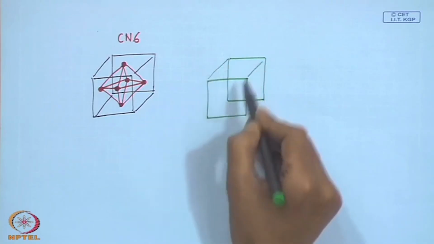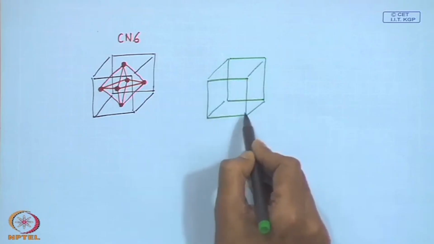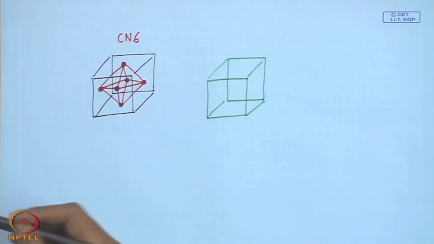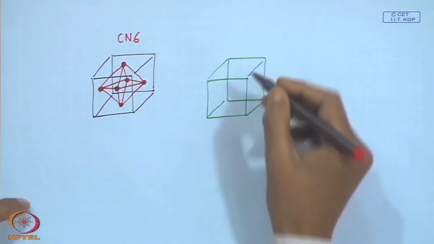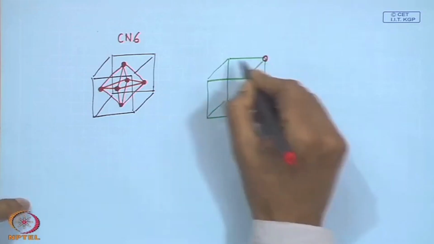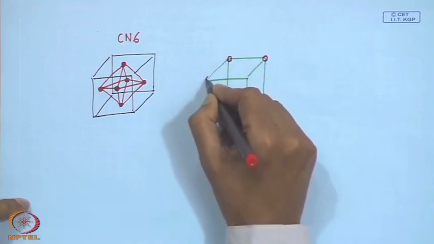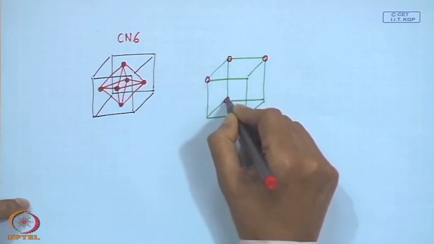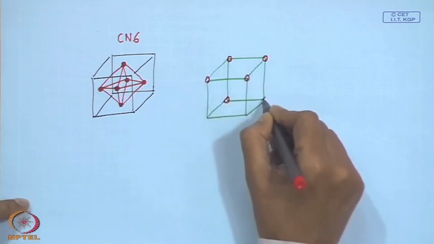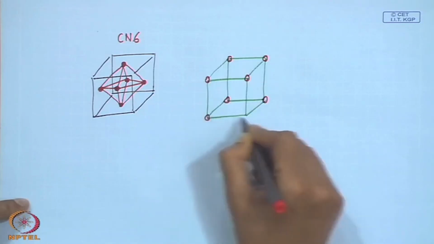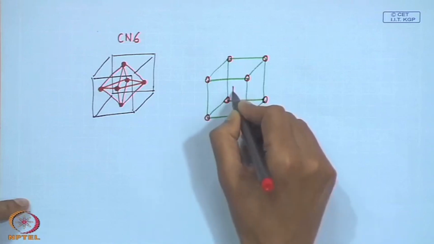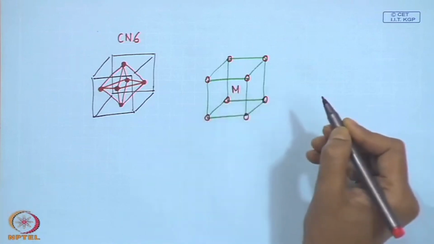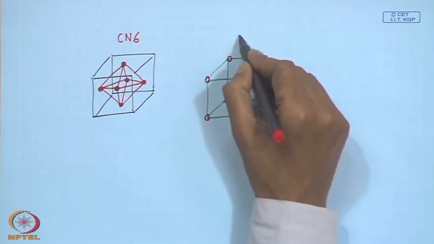So instead of the center position of all the 6 faces, now we can have the ligands occupying the corners of the cube, which will give rise to an arrangement which has a coordination number of 8.